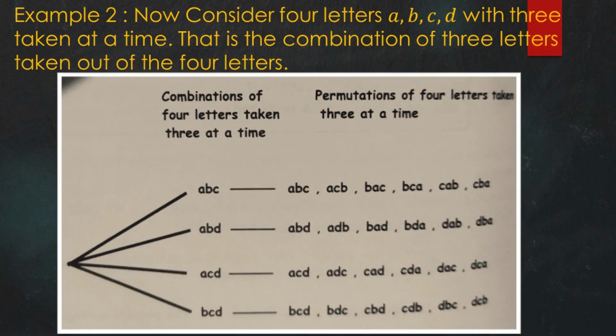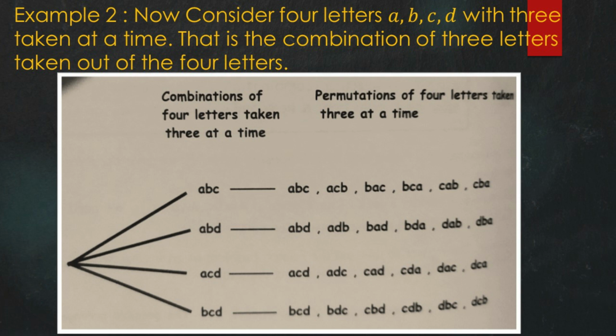Example number 2. Now consider 4 elements A, B, C, D with 3 taken at a time. That is the combination of 3 letters taken out of the 4 letters. Now you can see the decision tree. The first part is the combination of 4 letters taken 3 at a time: ABC, ABD, ACD, BCD.